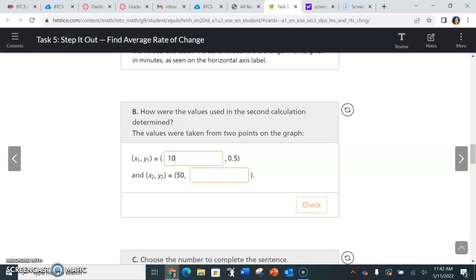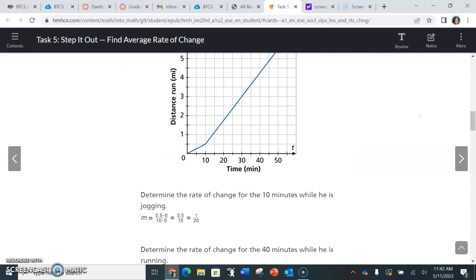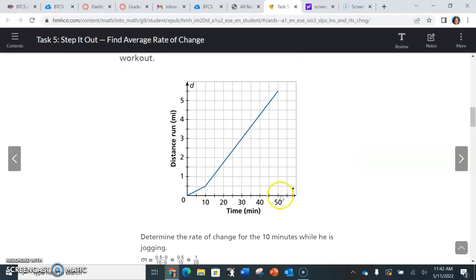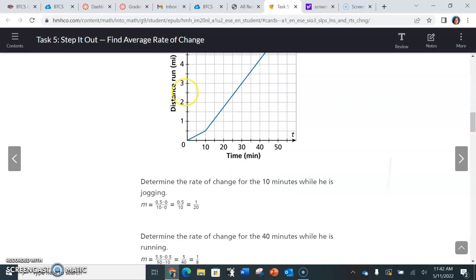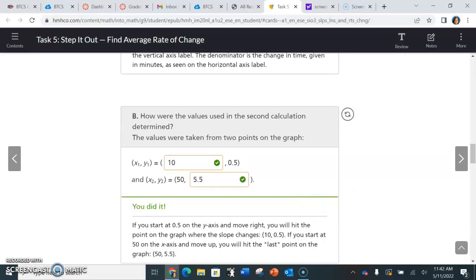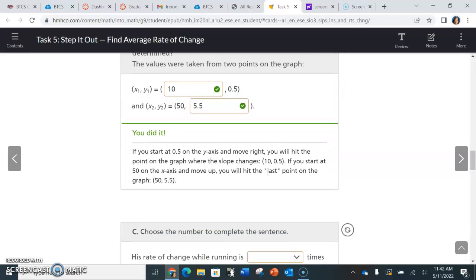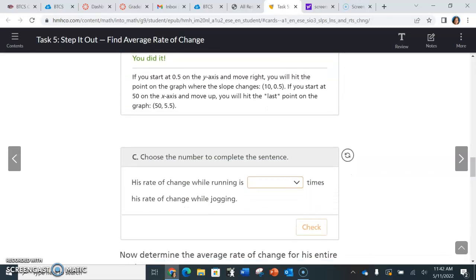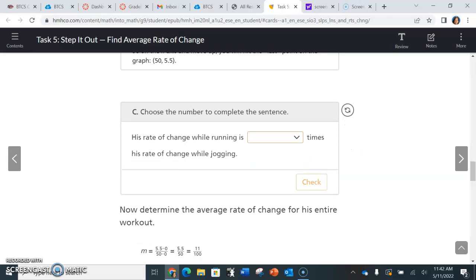And the x2, y2 was the 50, and go over. And since these are going by 0.5s, that is 5.5 right here. So you're just looking at the graph to find those points.